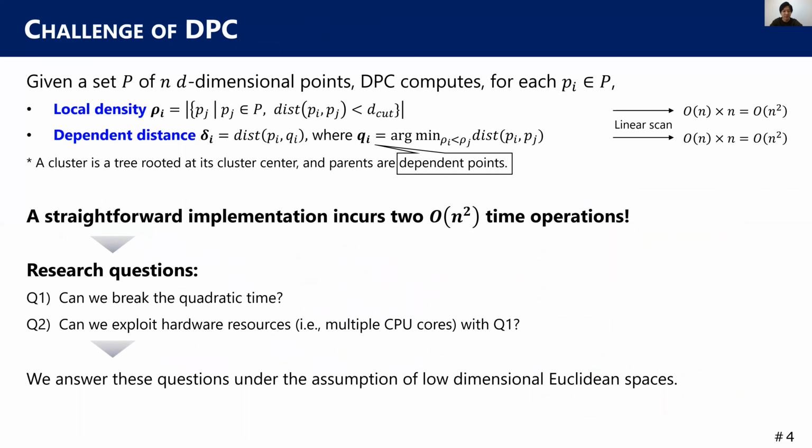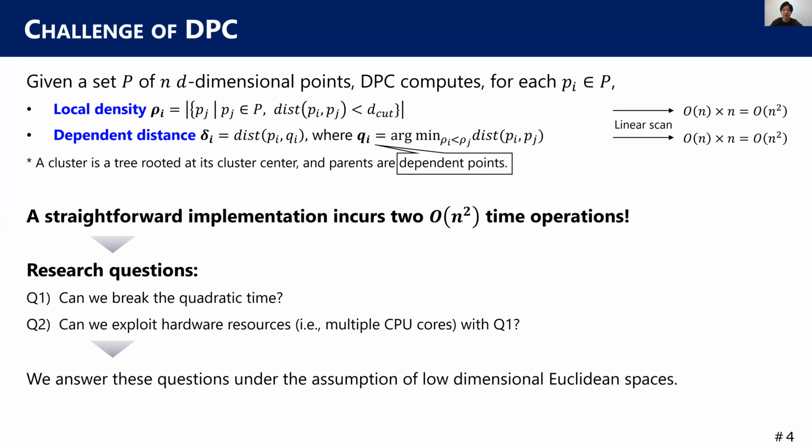The cluster definition of DPC is simple and intuitive, but it has a computational challenge. A straightforward implementation of DPC is to compute the local density and dependent distance of each point by linear scans. This needs quadratic time to the data size, so does not scale well to large datasets.